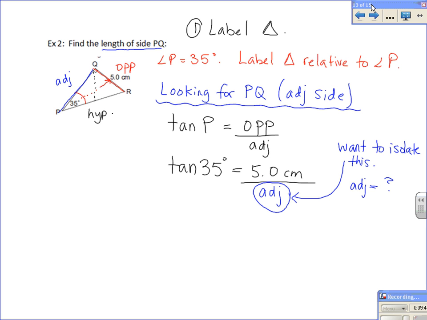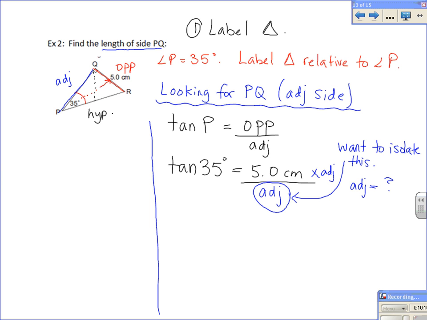So again, when you have a question like this where the thing you want is in the denominator, you can move it out of the denominator by multiplying both sides by the adjacent. There's two ways you can do this, and I'm just going to show you both ways so that you have more than one tool in your toolkit. When I have something in the denominator, to move everything out of the denominator, or essentially cancel the denominator, I can multiply both sides by whatever I see in the denominator.